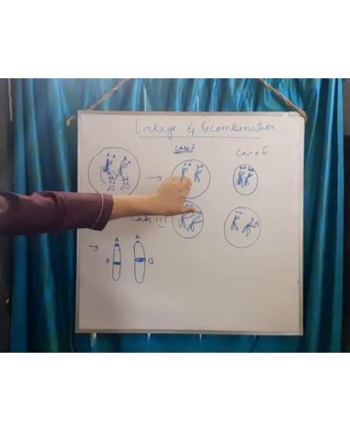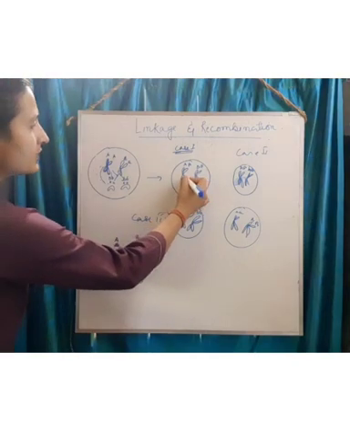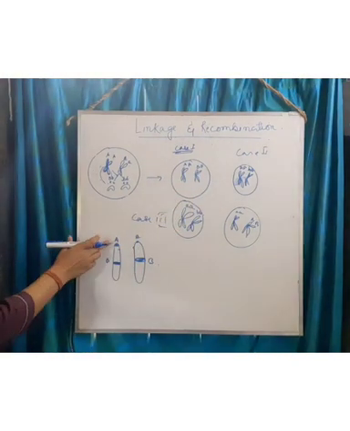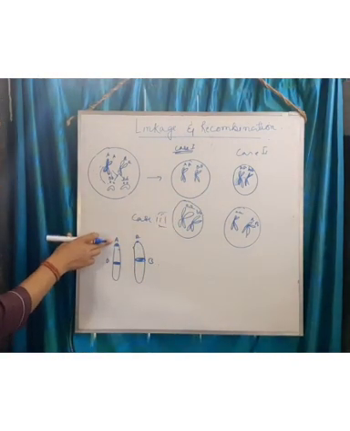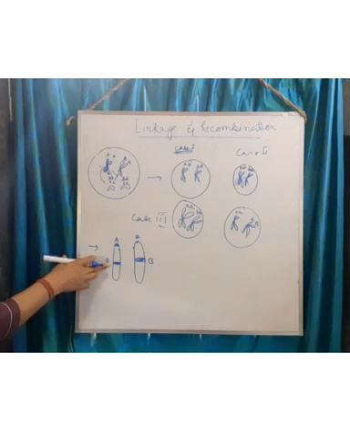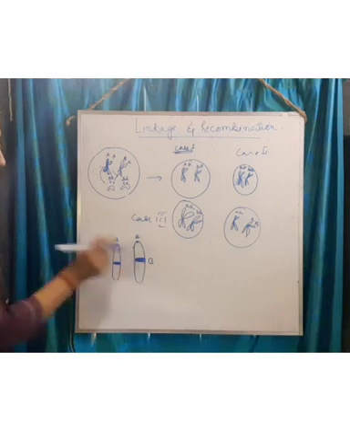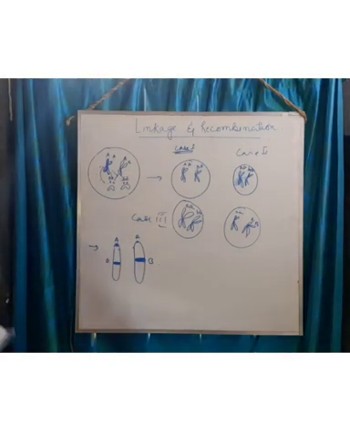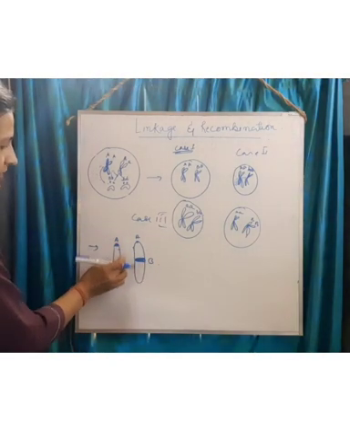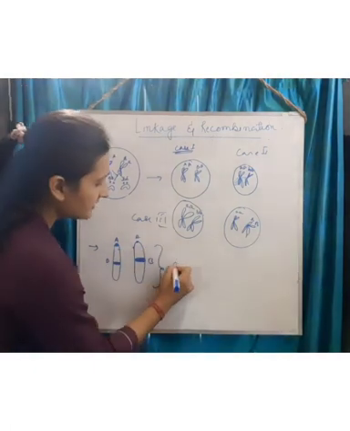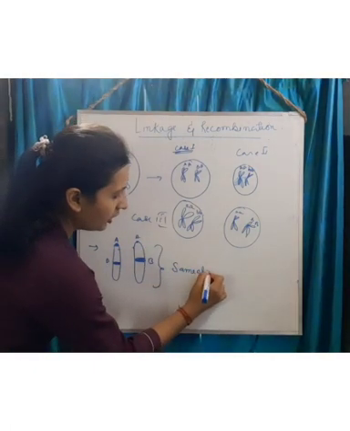In one chromosome, this is gene A and this is gene B, so you can see that they are together. Could you follow me? These two genes are on the same chromosome. See, this is the same chromosome. They are not different.